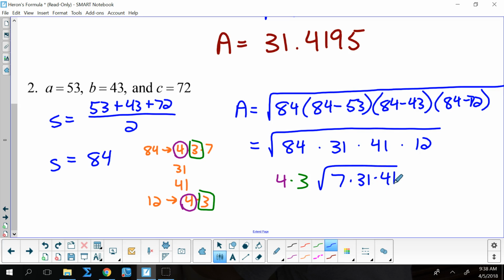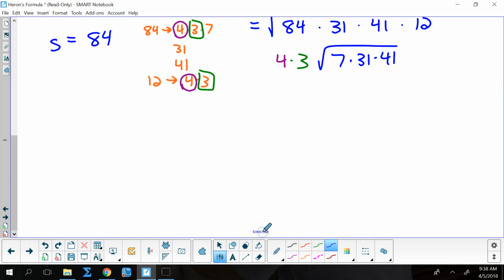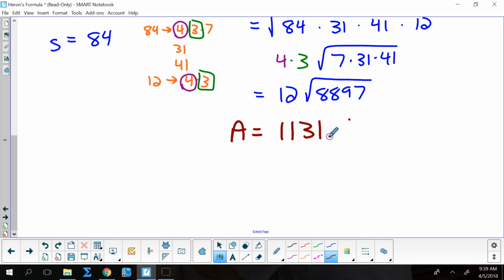So what is 7 times 31 times 41? 8,897. So this would leave me with 12 times the square root of 8897. That would be the exact answer. Okay? You probably rounded it though and got an answer of 1,131.0.89, not just 0.9.